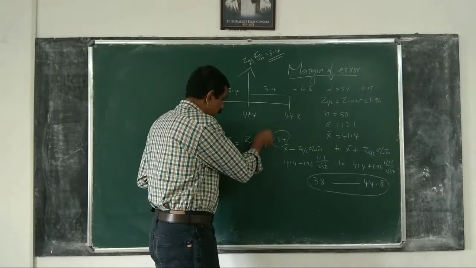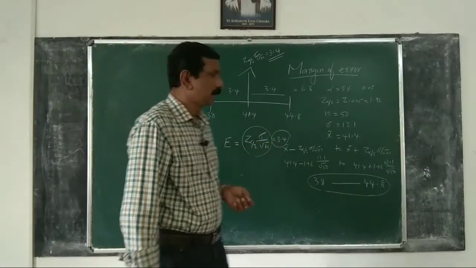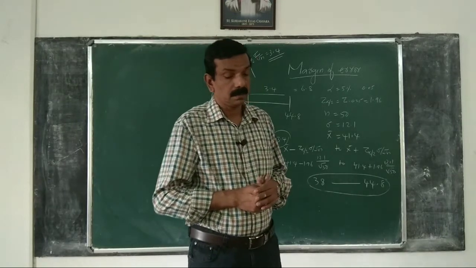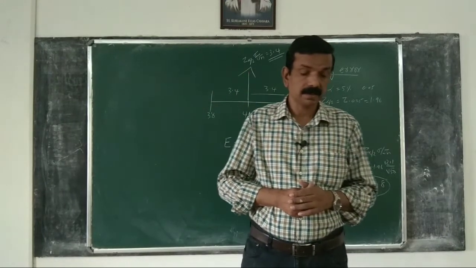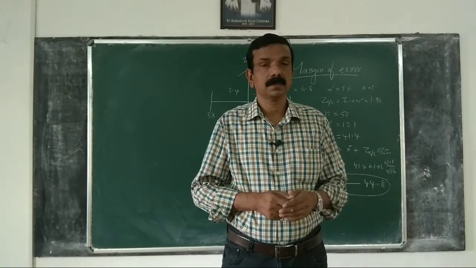So what is E? E is Z alpha by 2 into sigma by root n, known as the margin of error, also known as the maximum error of the estimate.